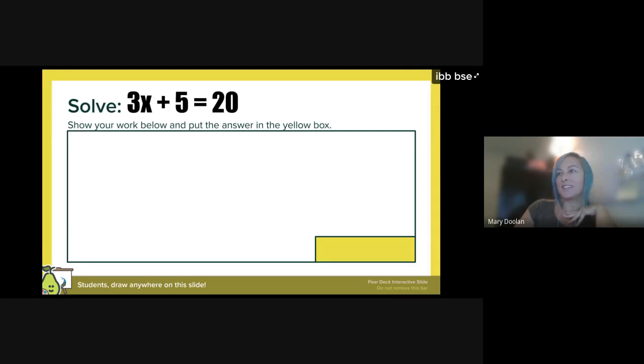So I see all kinds of different work happening. I see someone who's done the box and wall method, if you remember hearing about that before, where you put a box around your variable and a wall coming down from your equal sign. Looks like some of us are using some inverse operations.